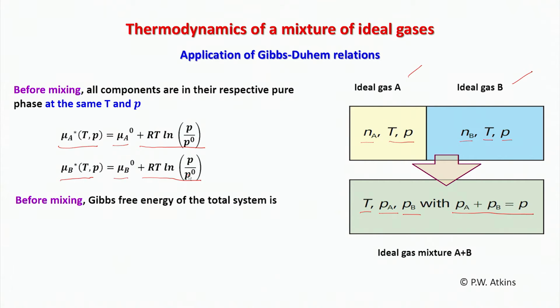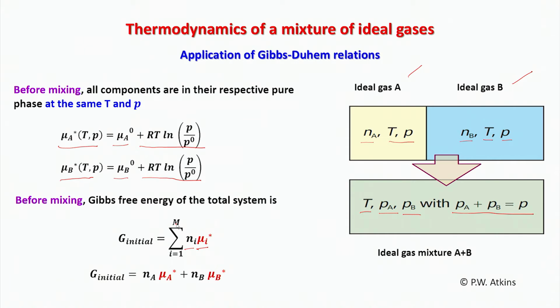Therefore, before mixing, what would be the Gibbs free energy of each of the pure phases taken together but not interacting with each other? So, before mixing, G initial is going to be the sum of Ni mu i star, where i goes from 1 to m. In this particular example, m is equal to 2.